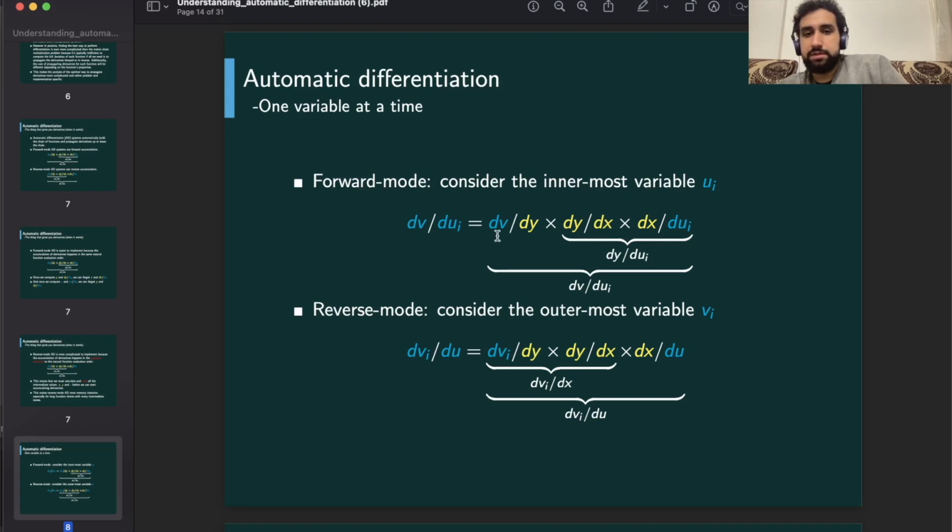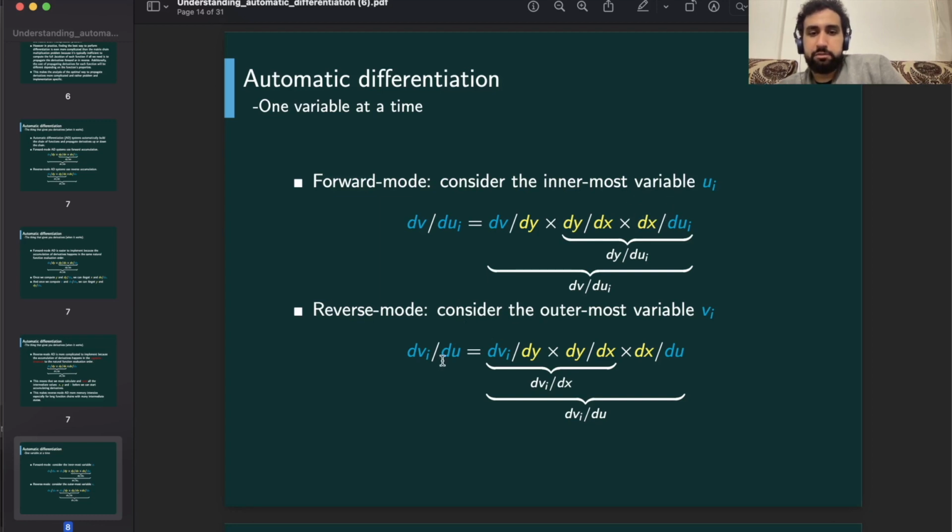Then we multiply dv/dy, which is another Jacobian, of the function that takes input y and returns output v, by the column vector dy/du_i, and we get another column vector. So at any one point, we're working in terms of just column vectors and Jacobian-vector multiplication. This is the Jacobian of some function, and we're multiplying it by a vector.